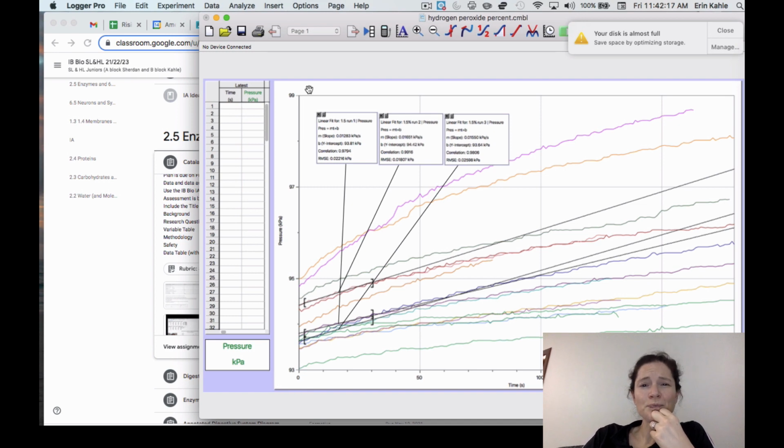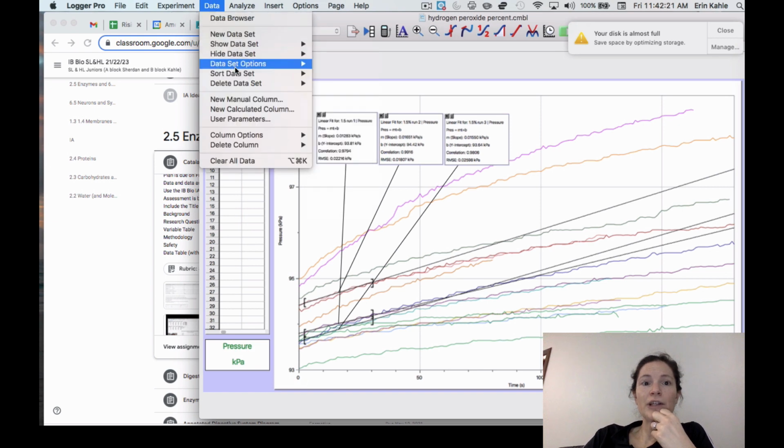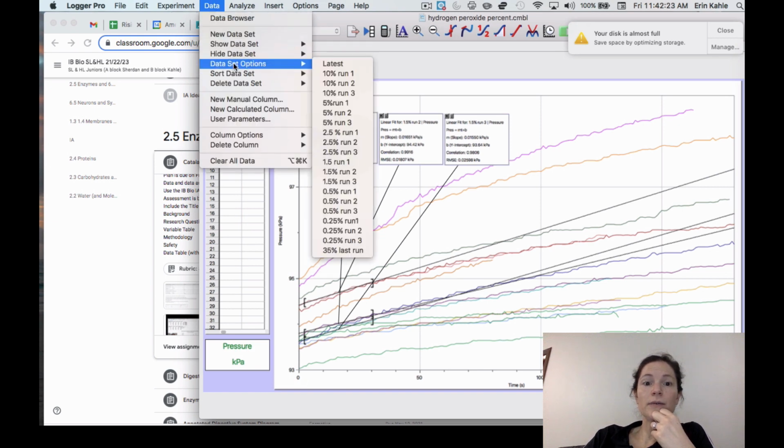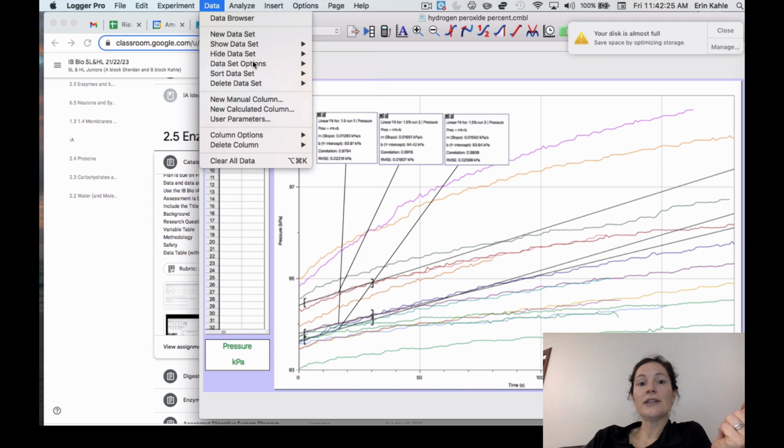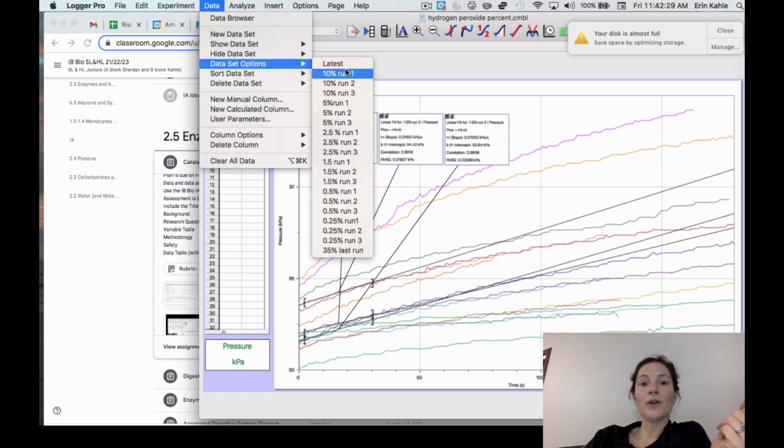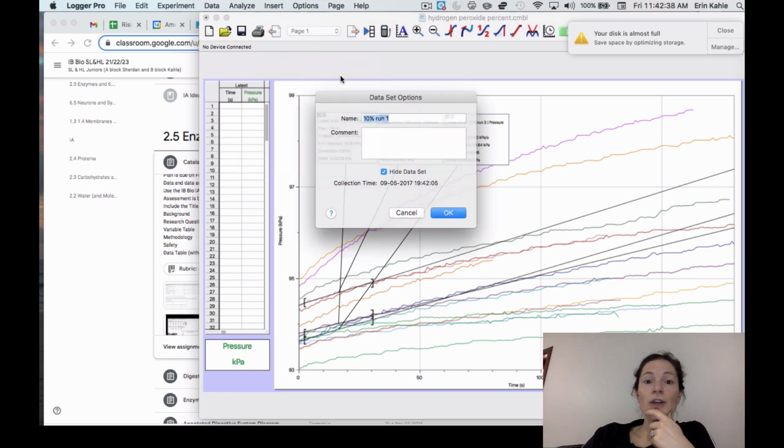If you have a bunch of lines on here, one thing that I normally do is go to data set options. Sorry, you have to select one of those. Sometimes these come up as latest, or trial one or run one, whatever. You can go in here and change the name. So I labeled these so that I would know what was what. I know that some people kept track of, oh, I always did this one first.